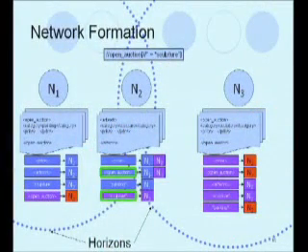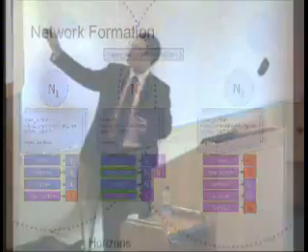So in these horizons, node 2 is forwarding to N1 knowledge about the keyword itself, and knowledge about N3 is not stored in the peer index of node 1. But the fact that there's a keyword sculpture on N3 is reflected on N1 here.